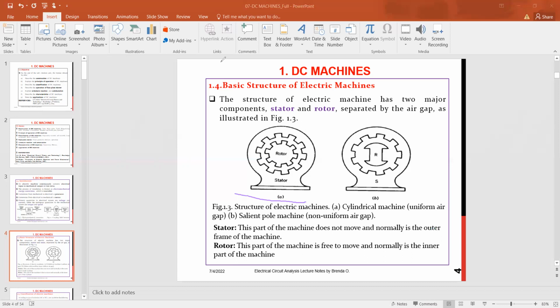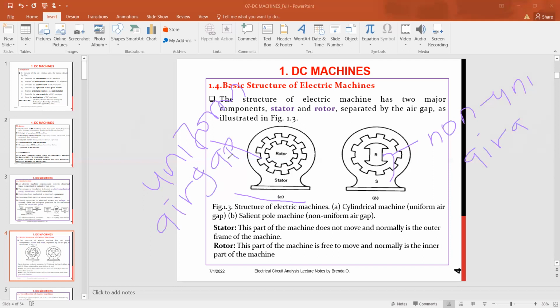You can see from the two diagrams that one has a non-uniform air gap and the other has a uniform air gap. You can differentiate between them. So moving on to the next point.